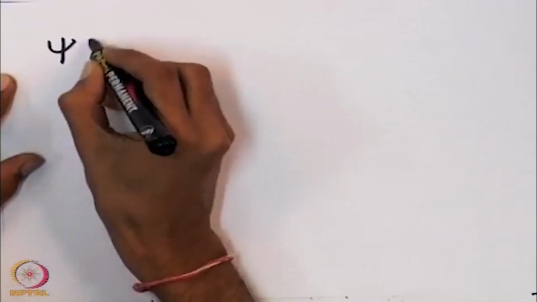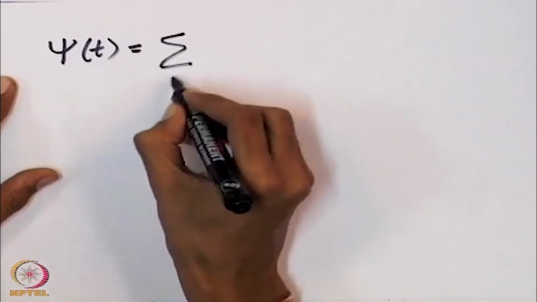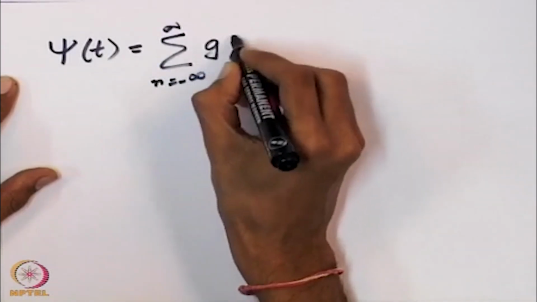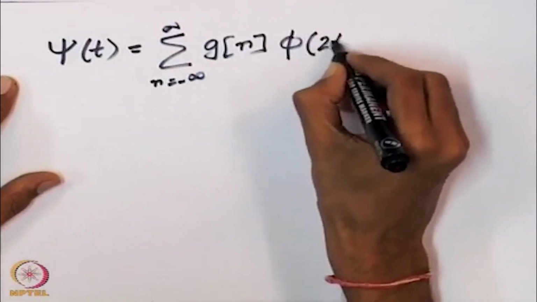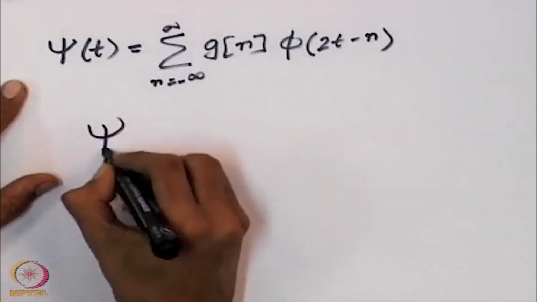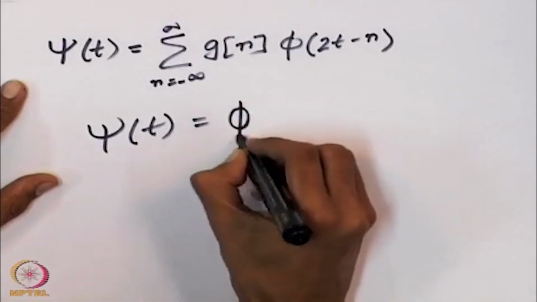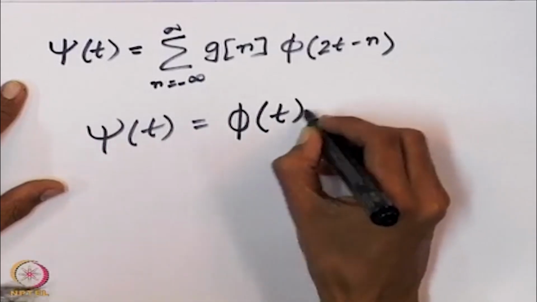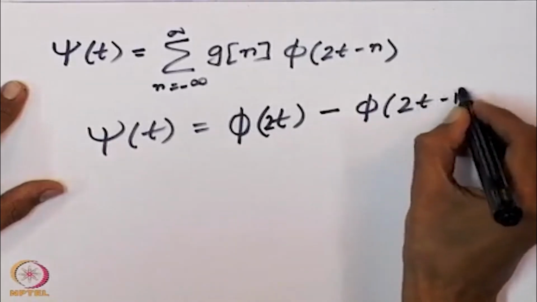So, we have the wavelet function given by this expression, summation n going from minus infinity to infinity, g of n phi of 2t minus n, and this we can find from phi of 2t minus phi of 2t minus 1.